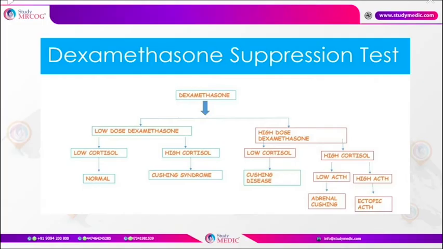But if there is high cortisol, it is diagnostic of Cushing syndrome. In the high-dose dexamethasone test, if there is low cortisol, it says that it is Cushing's disease. In the high cortisol condition, we need to look at ACTH, whether it is low or high. If it is low ACTH, it is adrenal Cushing, and if it is high ACTH, it says that it is ectopic ACTH secretion.